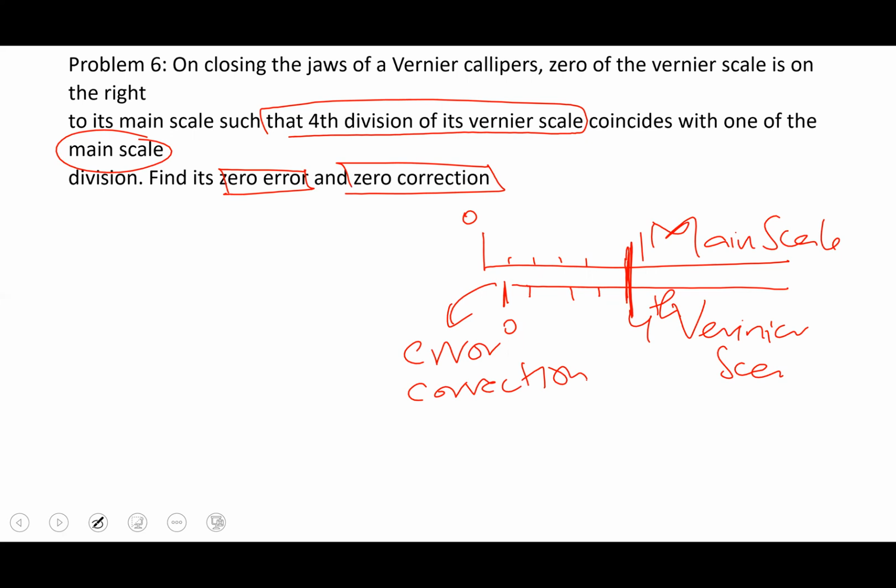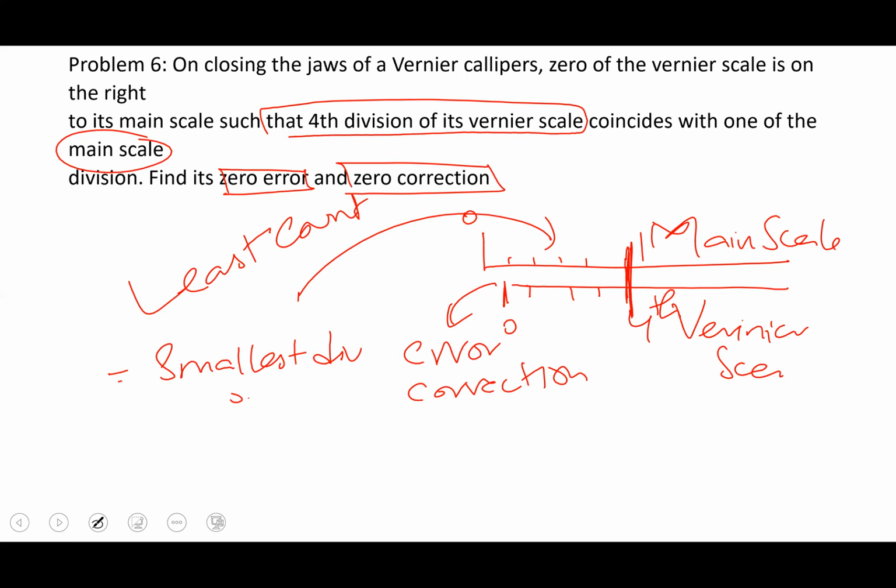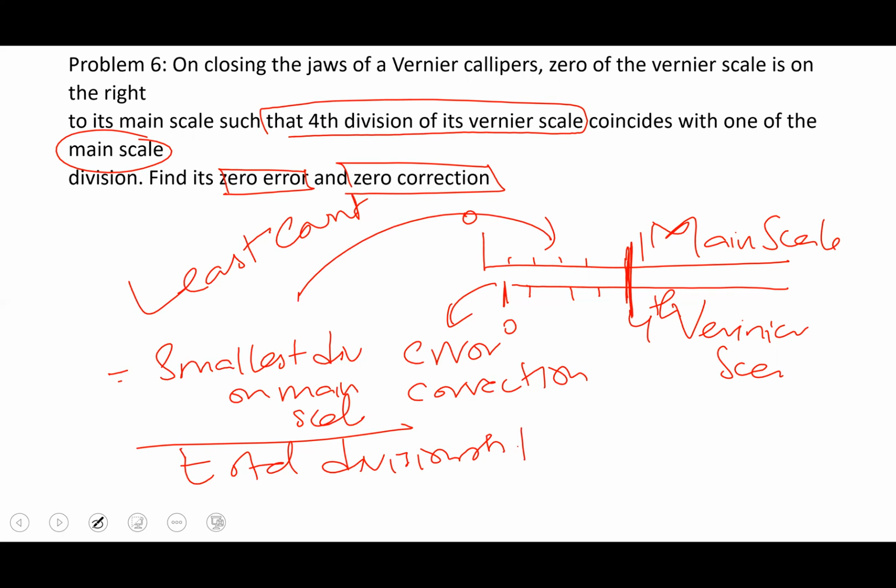Now, that is very simple. First of all, we have to calculate the least count. Now, what is the formula for least count? Very simple. The least count is the smallest deviation on the main scale divided by the total deviations on the vernier scale.